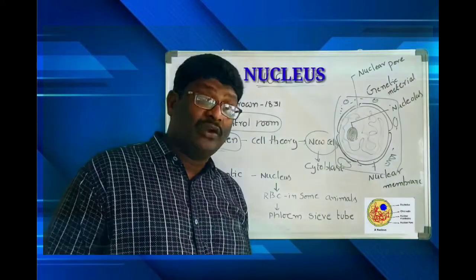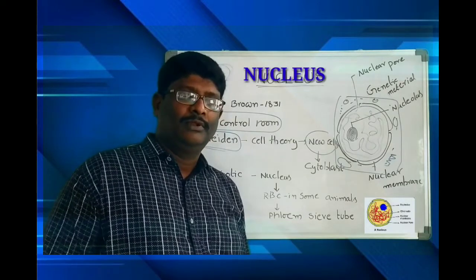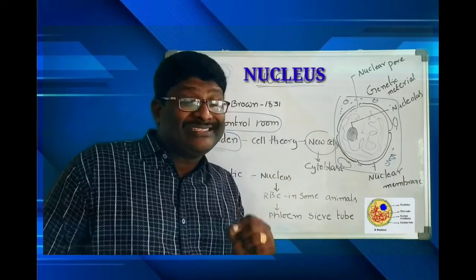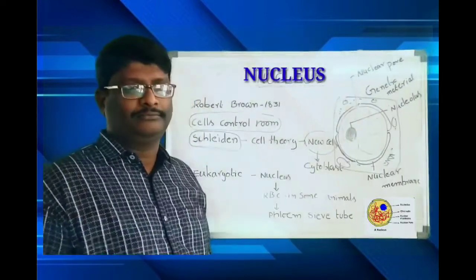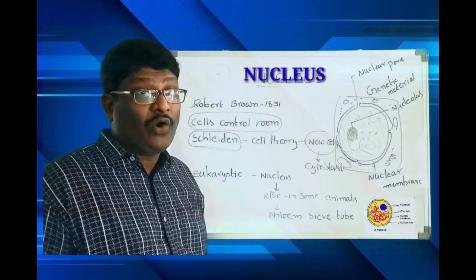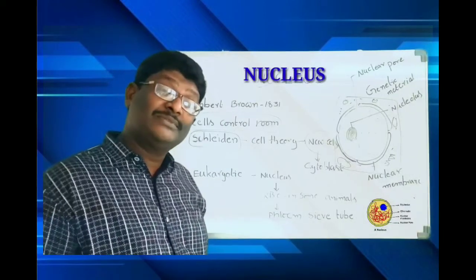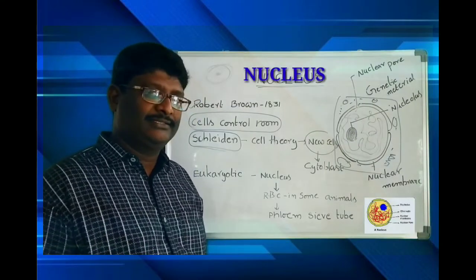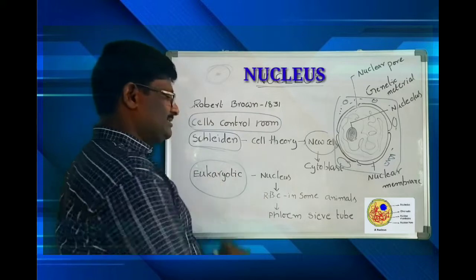But those which have a nucleus in their cells are called eukaryotic cells. Such living organisms are called eukaryotes. So, eukaryotes have a nucleus.